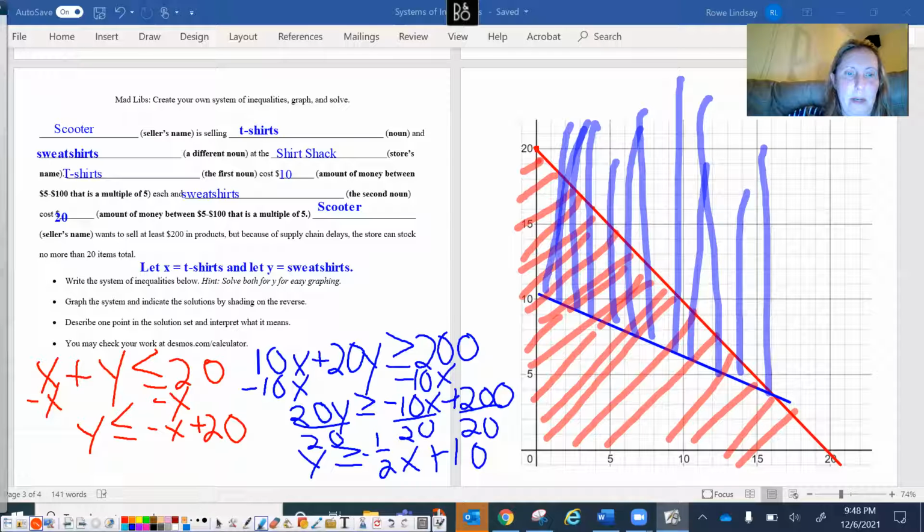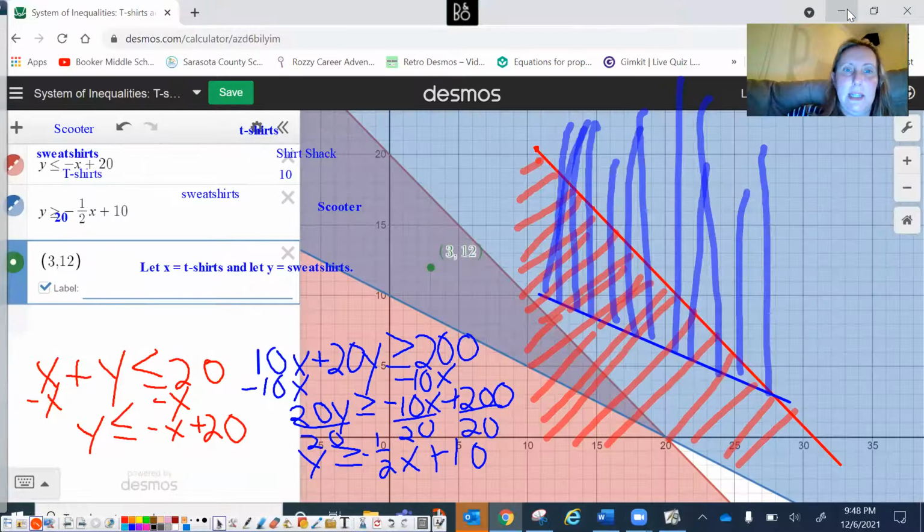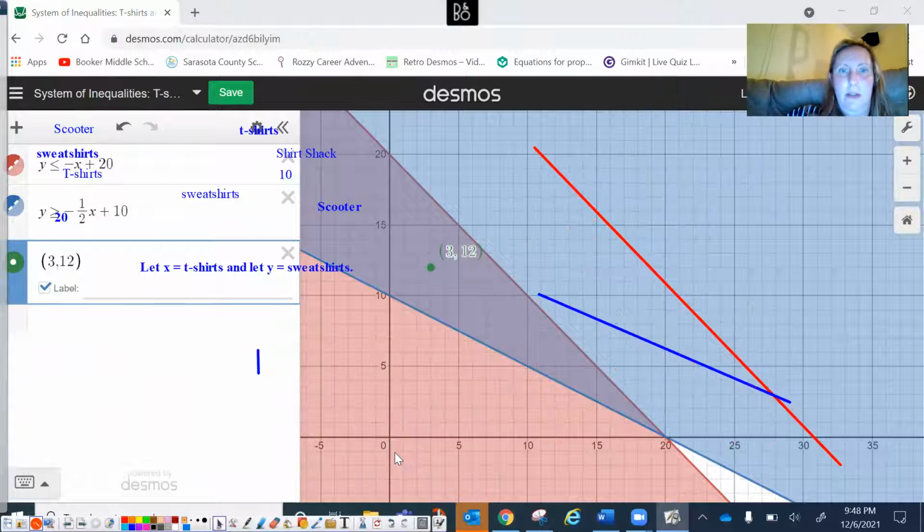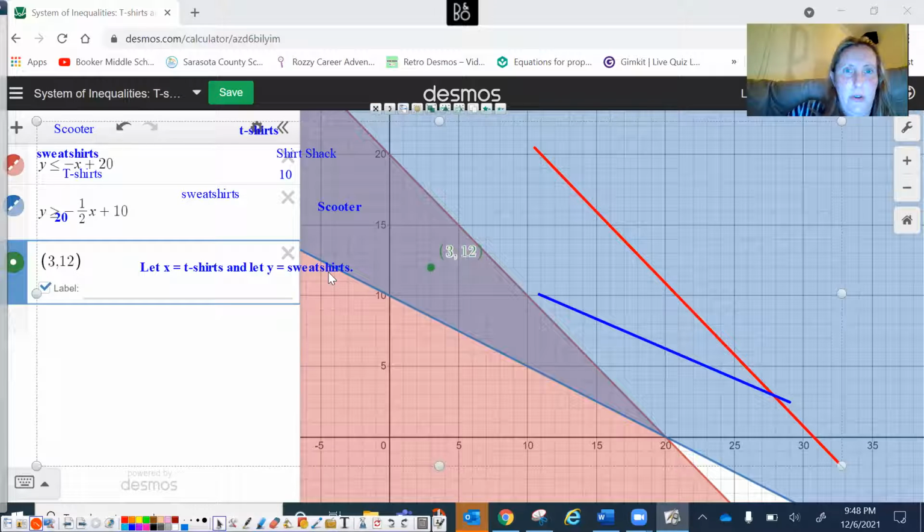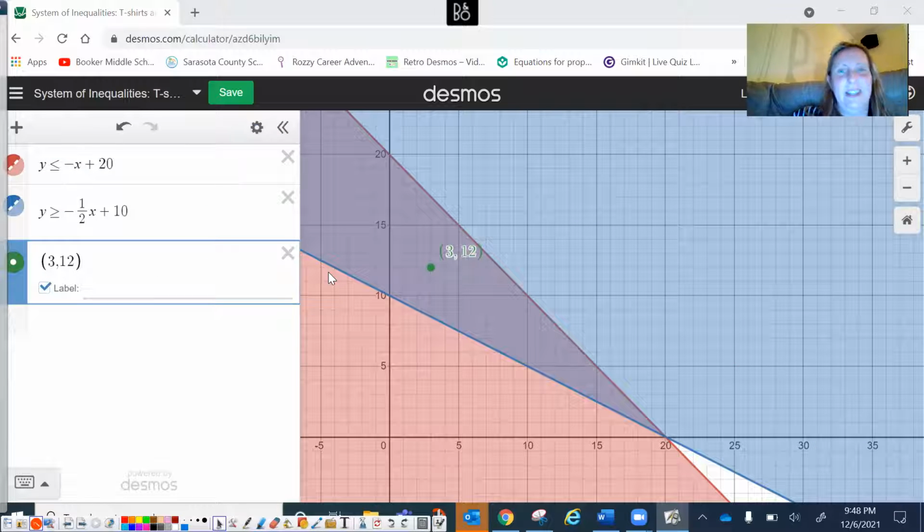So let me show you a better copy of my graph in Desmos, which I told you you could use, okay? You can literally pull it up in Desmos and look how much better this graph looks right here. Let me clean this up a bit, get rid of these other lines here. Okay, so this is a better way to look at the graph.